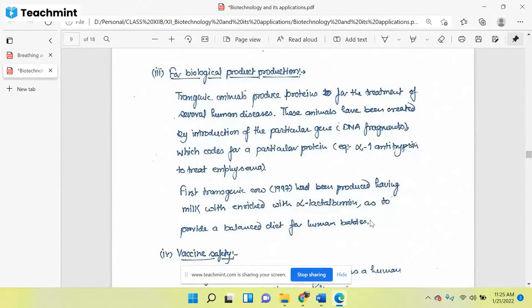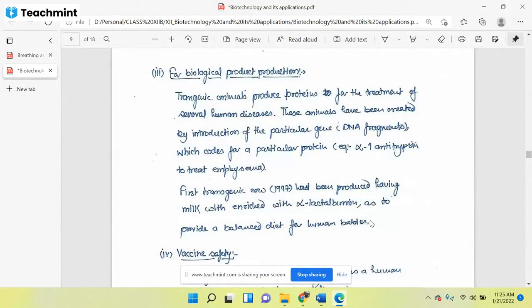Then we use that gene of interest to make the recombinant DNA. After making the recombinant DNA, we make the transgenic animal, and that transgenic animal will start producing that particular material.